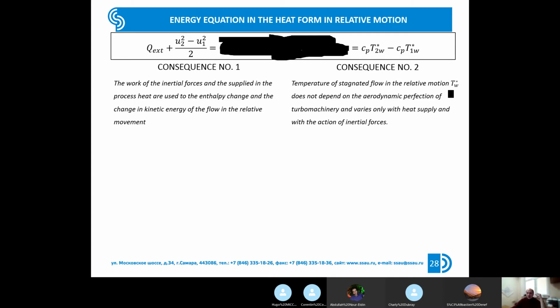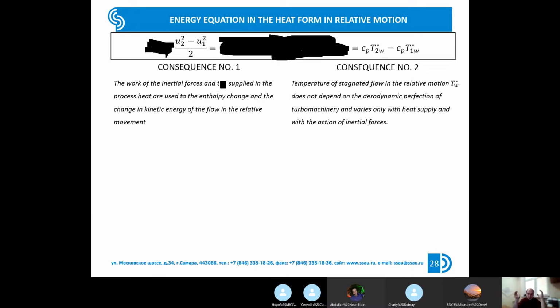In other words, T_w* depends only on external heat, but in turbomachinery we have none. That's why in turbomachinery T_w* does not depend on heat and the action of inertia force.